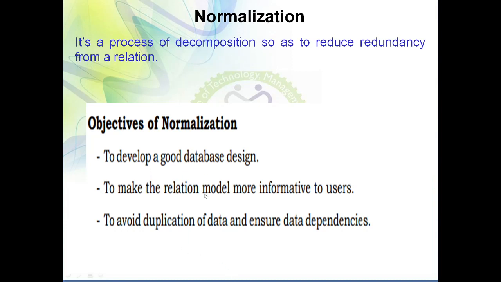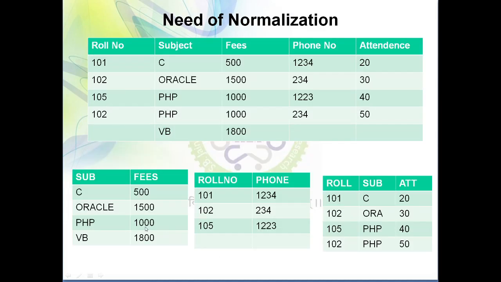Second, to make the relation model more informative. Looking at this, you can easily say this table consists of information about the subject, this table consists of information about the personal details, and this table represents the information of a student who has opted for a particular subject.